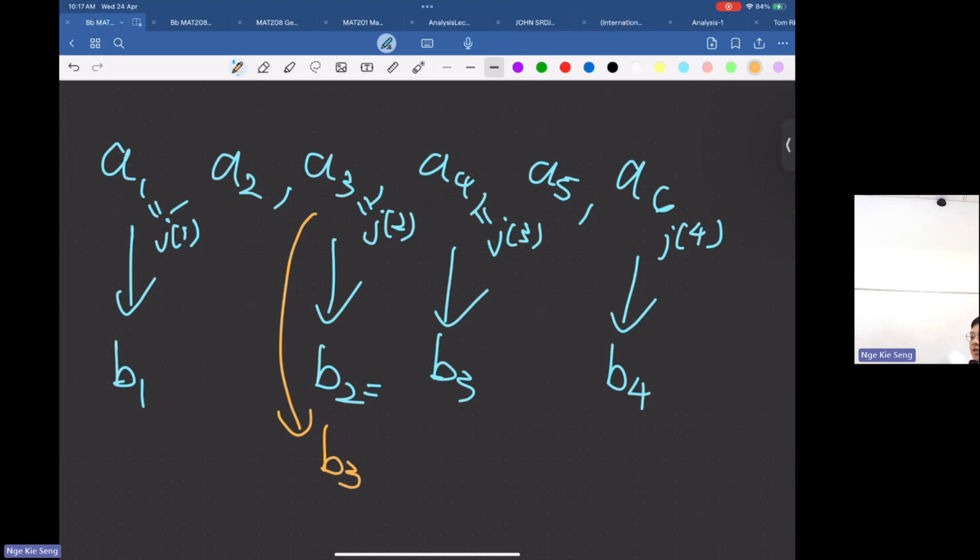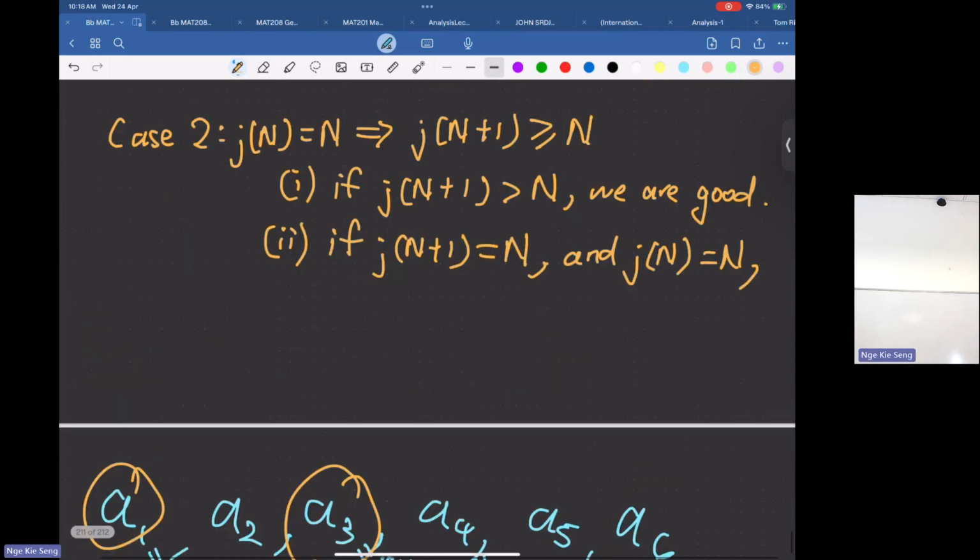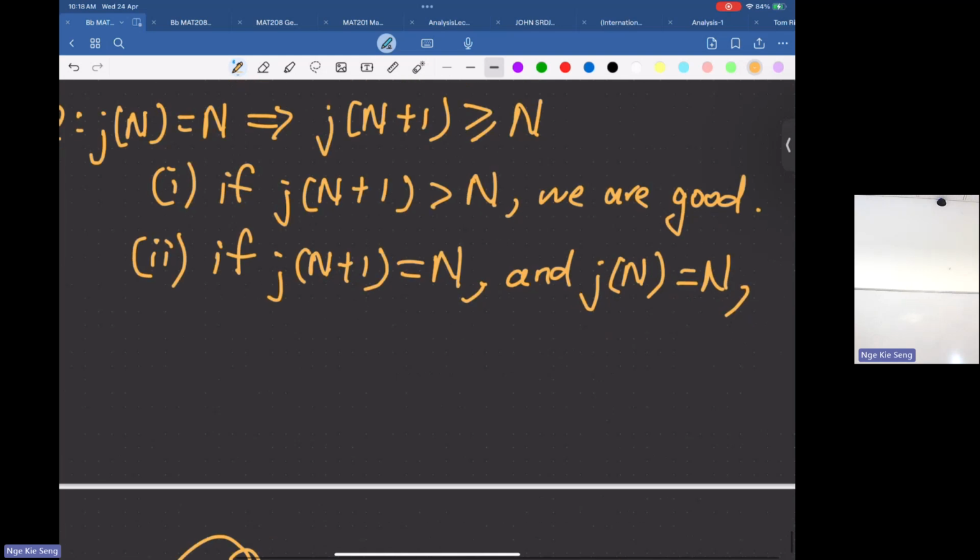If Jn is n and Jn+1 is also n, you pick some number twice. But a subsequence is not like that. A subsequence is where you pick from the sequence and omit some terms during the process, but you cannot pick a term twice. So you pick twice here. So I put here, since increasing functions are 1-to-1, I think we proved it in our course, or not?